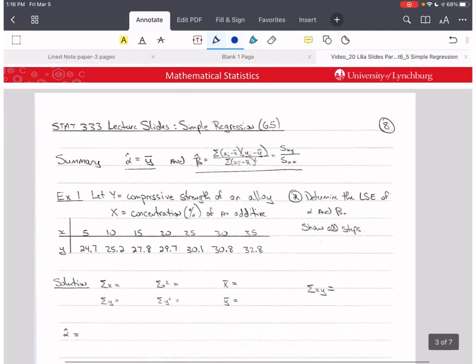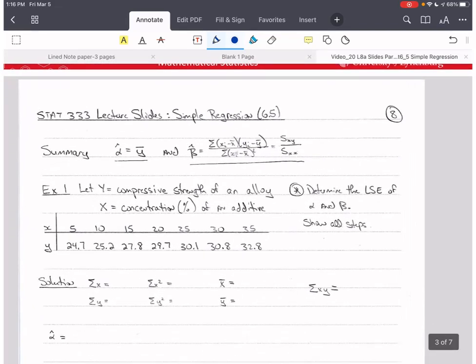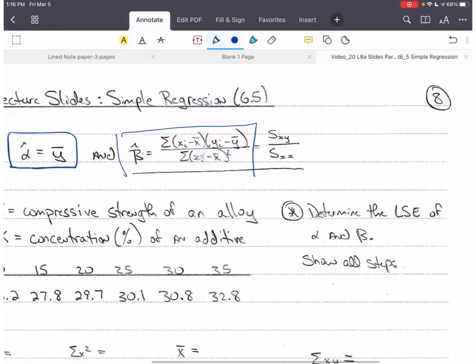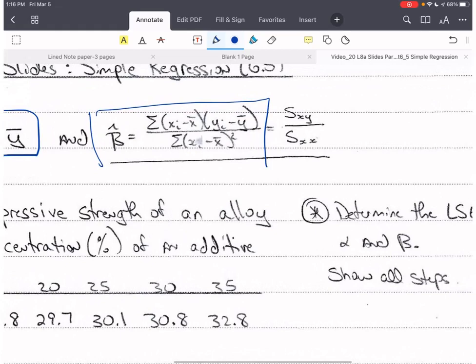All right, so the summary is that the derived least squares estimator alpha hat, using the model in the book, is y bar, and for beta hat, it is the sum of the products of the differences between x and y and their means, divided by the sum of squares of xi minus x bar.